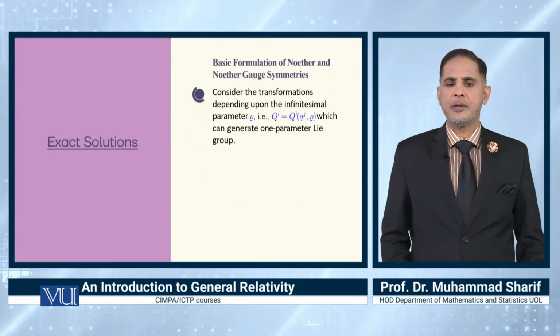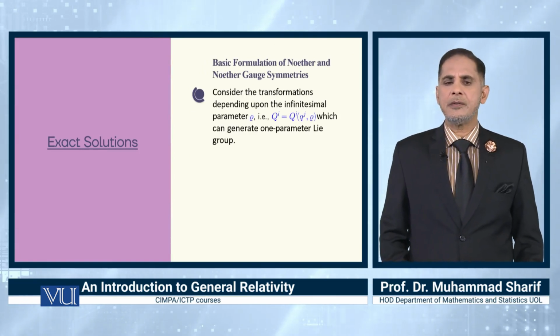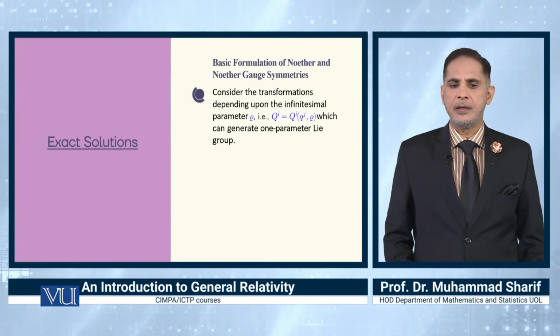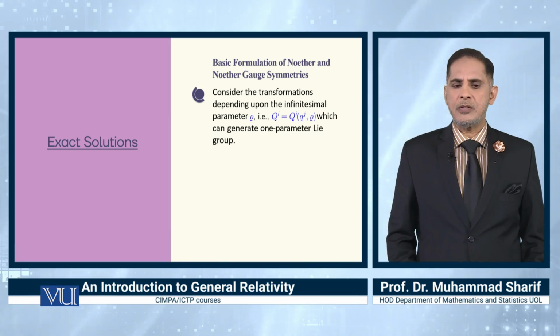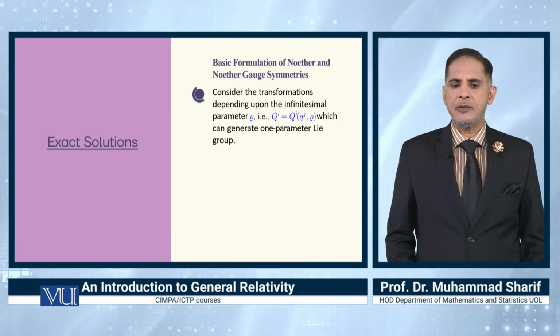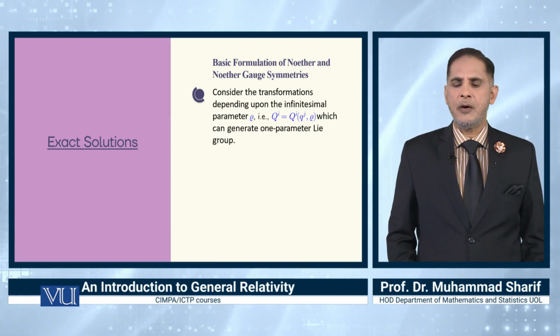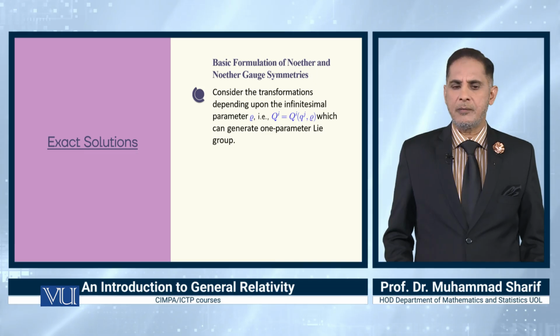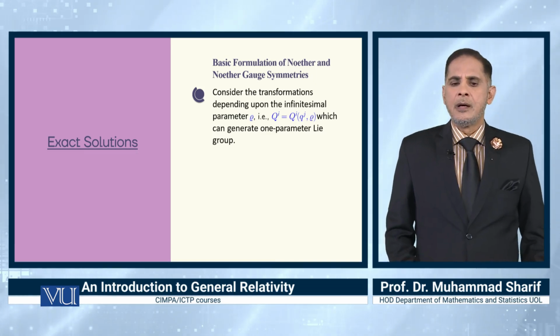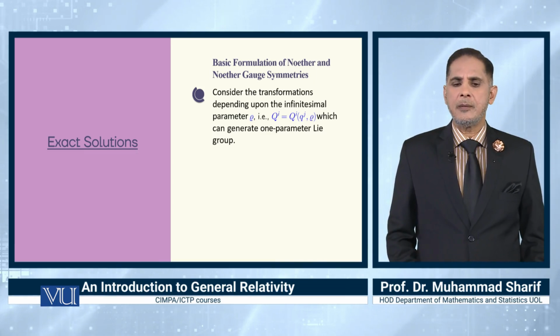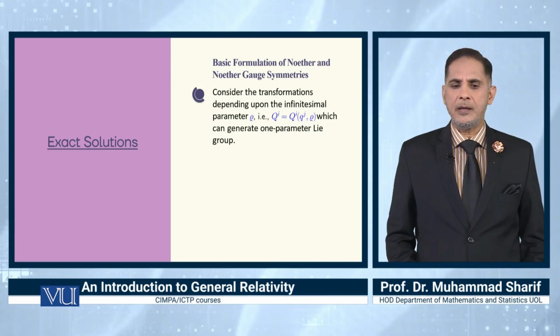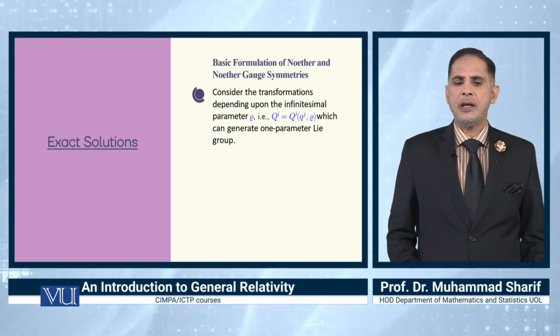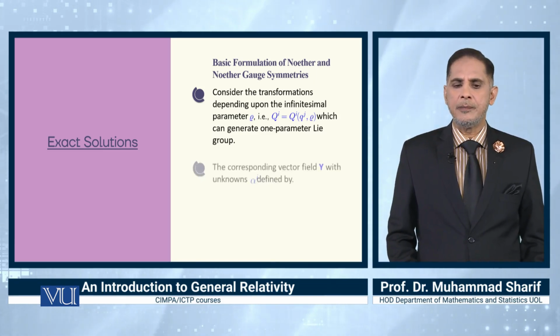Let us now discuss some basic formulation of Noether symmetries and Noether gauge symmetries. Let us consider the transformations depending upon the infinitesimal parameter rho. Here obviously rho is a small parameter, not the charge density or mass density. So, Qi is the function which depends upon this small quantity as well as the generalized coordinate Qi or Qj. This can generate a one parameter Lie group.